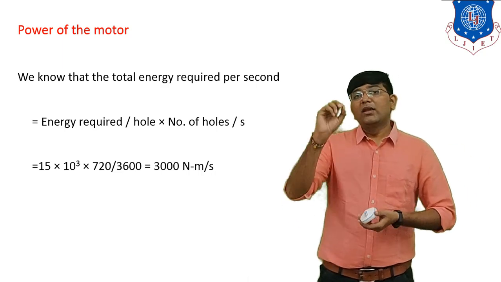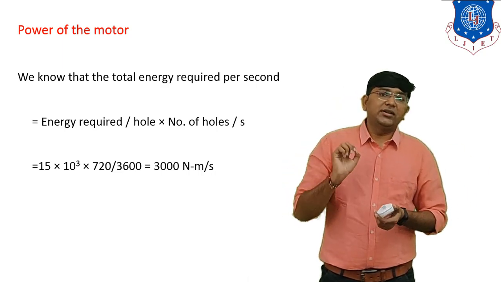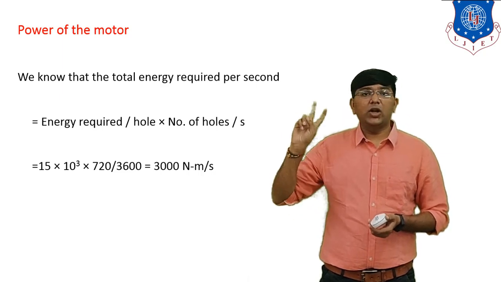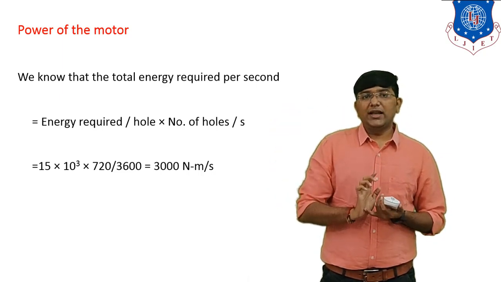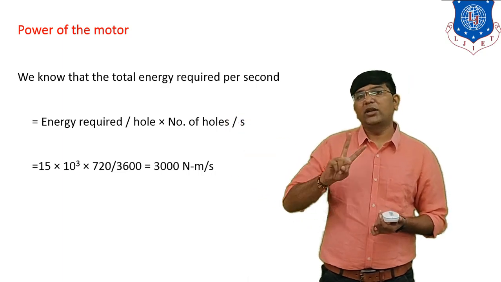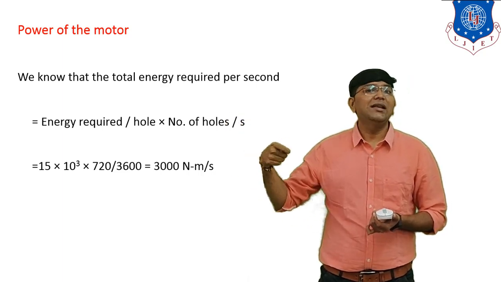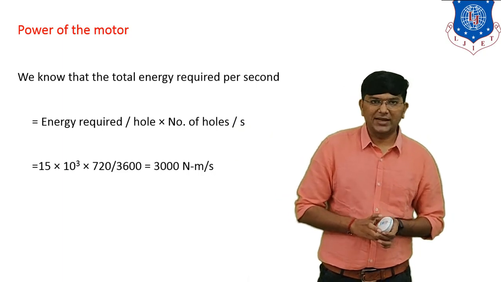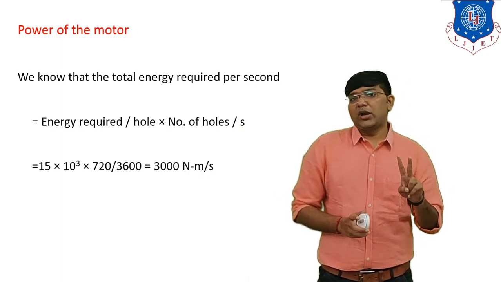Clear? Now the actual punching operation takes 2 seconds. So for 1 second we deliver power at 3000 watt, so for 2 seconds we have to supply power 6000 newton meter per second. Now you all know there are two types of energy.